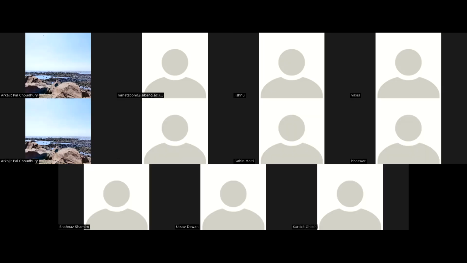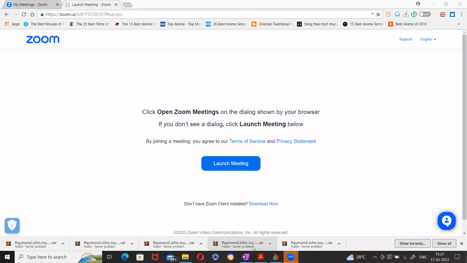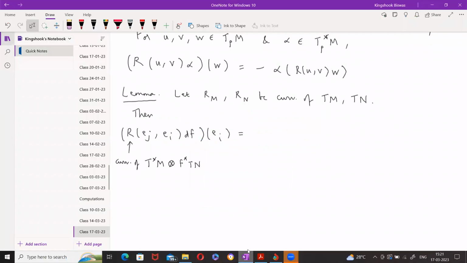All right, so let's continue. We'll work out a formula for this. Let me not write it first; let me do the calculation. First of all, we have to write df as a section of this tensor product bundle.